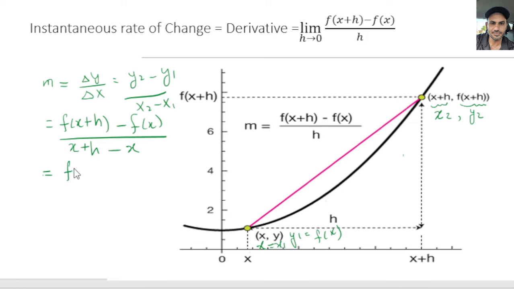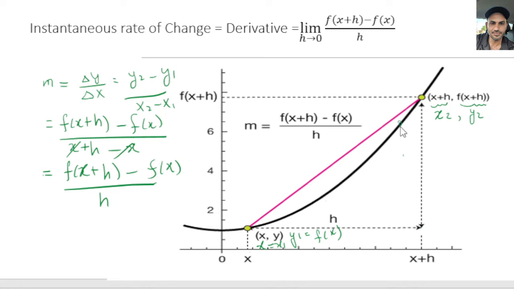We have f of x plus h minus f of x, divided by, when we simplify the denominator, x is gone and we're just left with h. So we get an expression similar to the one above, except that there the limit as h goes to 0 is taken. That's what happens when we go from average rate of change to instantaneous rate of change.